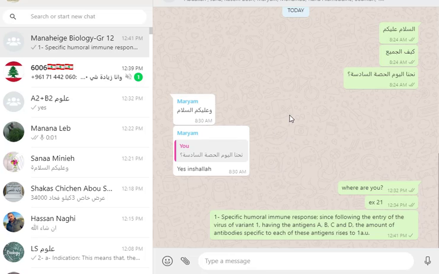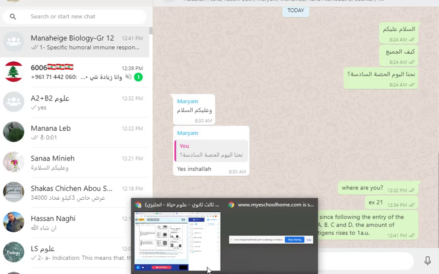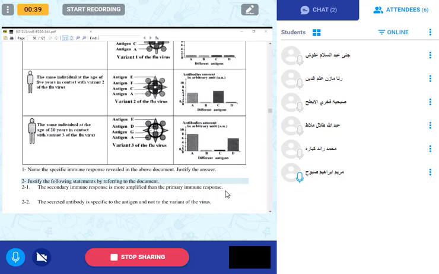Yes. So it is a specific humoral immune response since, following the entry of the virus of variant 1 having the antigens A, B, C and D, the amount of antibodies specific to each of these rises to 1 AU.